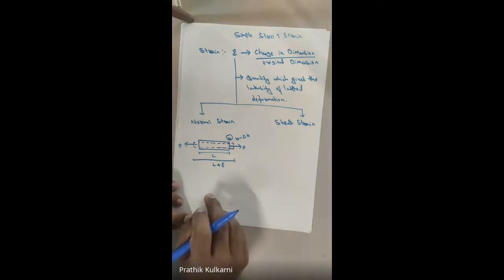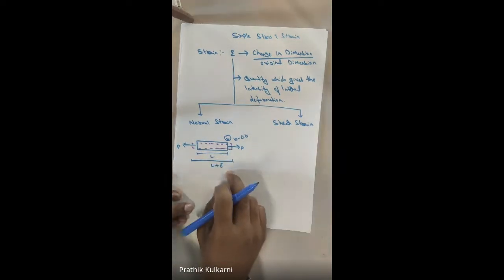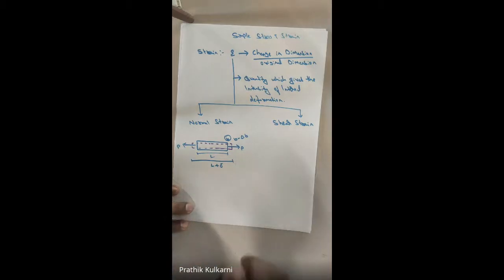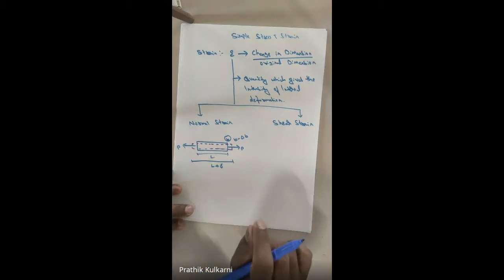So here I just wanted to tell you that whenever you talk about a strain, and that to a normal strain, what happens here? The shape remains constant, but size changes. Yes or no?